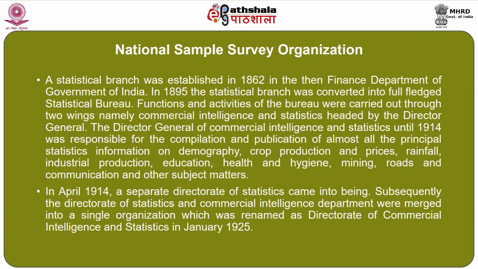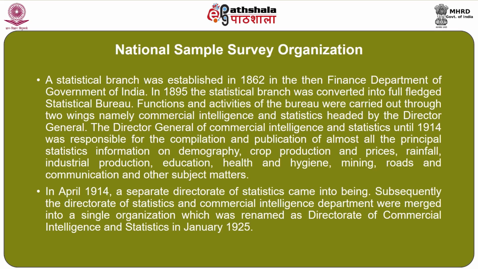A statistical branch was established in 1862 in the then Finance Department of the Government of India. In 1895, the statistical branch was converted into a full-fledged statistical bureau. Functions and activities of the bureau were carried out through two wings, namely Commercial Intelligence and Statistics, headed by the Director General.